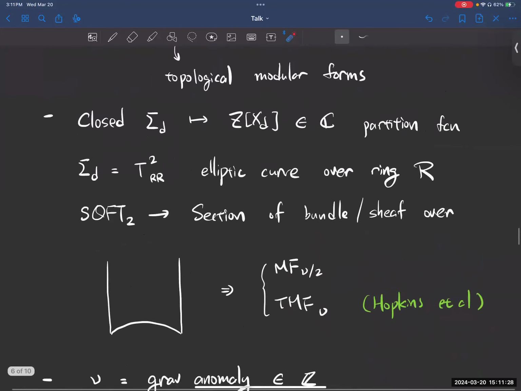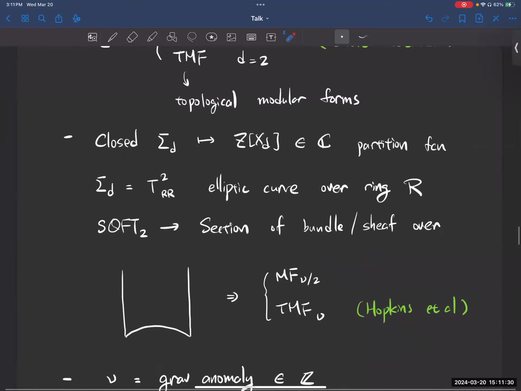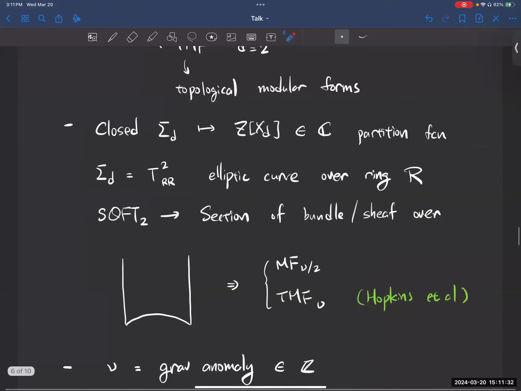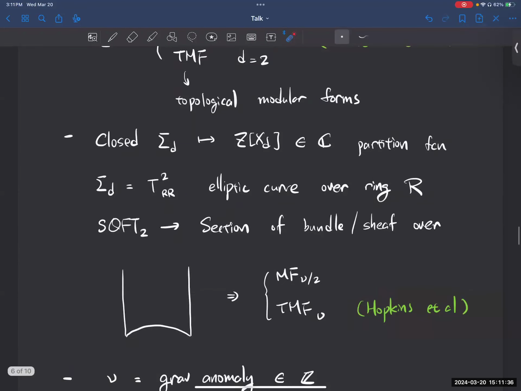Okay, I'm not a mathematician, but let me try to give you a flavor of how people constructed this TMF. When we think about quantum field theory, it has a lot of data, but one of our favorite things to talk about is the partition function. The partition function on all sorts of closed manifolds, right?